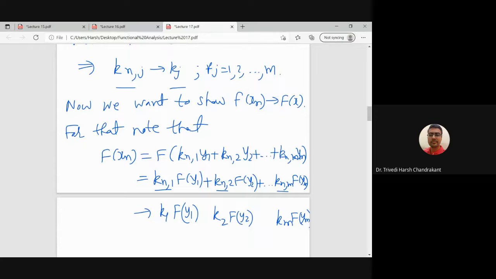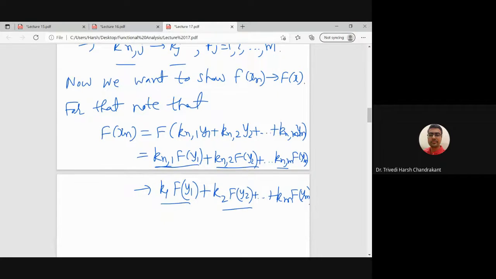If the first sequence converges to this number and the second converges to this number, then the sum converges to the sum, by addition of convergent sequences. So kn1 f(y1) plus kn2 f(y2) and so on converges to k1 f(y1) plus k2 f(y2) plus ... plus km f(ym).